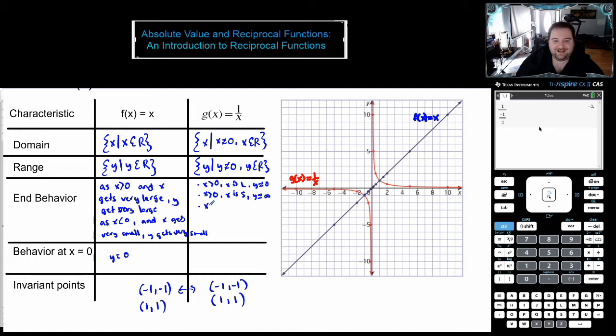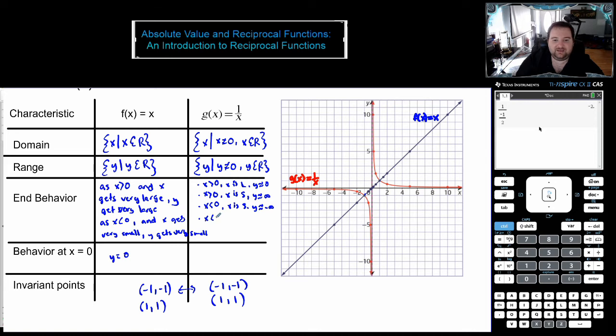What happens when x is less than 0? Now we're on the negative side, and x is small. Look here: when x is really small, what happens to y? It's going to be roughly equal to negative infinity. It's going to get super small to the point that it gets near negative infinity.